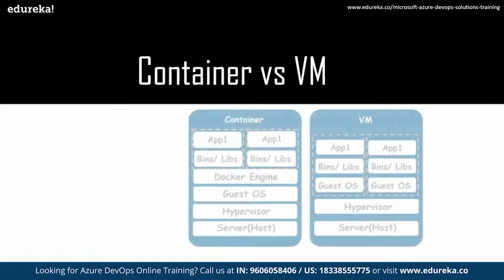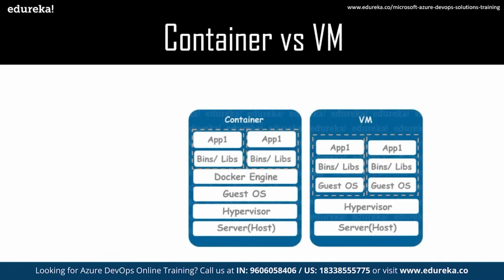Now, this image should give you an understanding as to how these two things are different. The one on the left hand side, you have your container, and on the right hand side, you have your virtual machine. Now, what a virtual machine does is, on top of your server, it lets you host your guest operating systems.